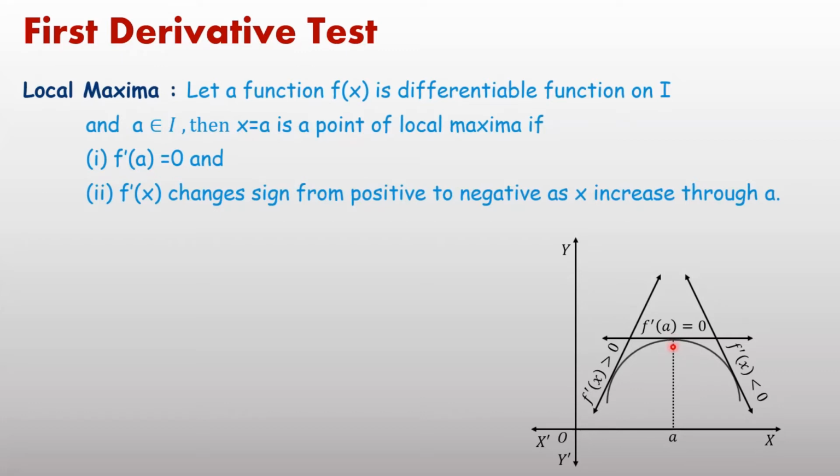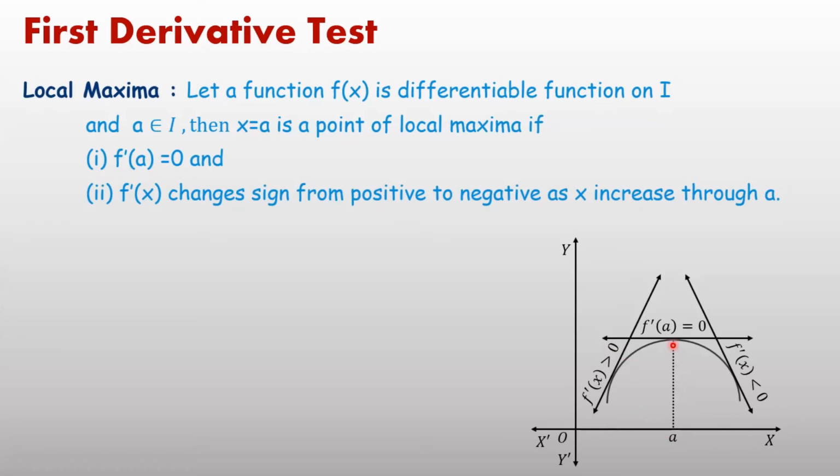If it is maxima, then you can observe before x equal to a, if you take any other point and draw the tangent, this tangent will form an acute angle with the positive direction of x-axis. And if it is an acute angle, then the value of tan theta, or slope of tangent, is greater than 0, or positive. Means f dash x is greater than 0, or in other words f dash x is positive if x is less than a.